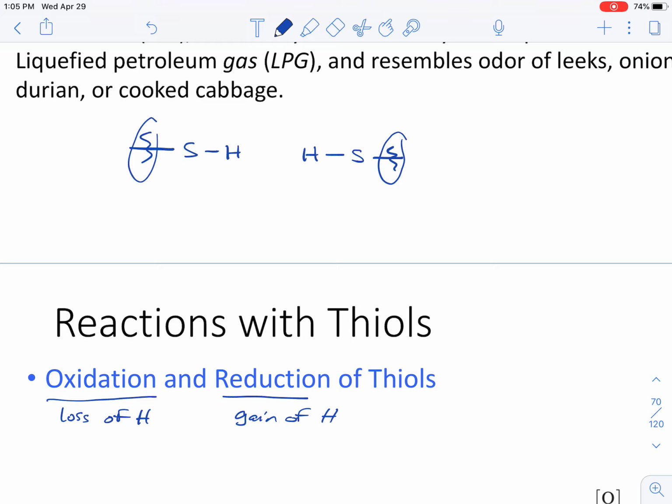If we're looking at this specific structure here that I drew, if oxidation is being performed, I'm going to write it with a bracket O. This bracket O is representing oxidation.